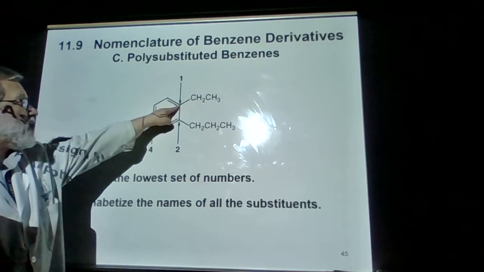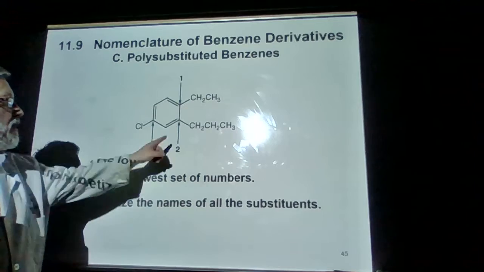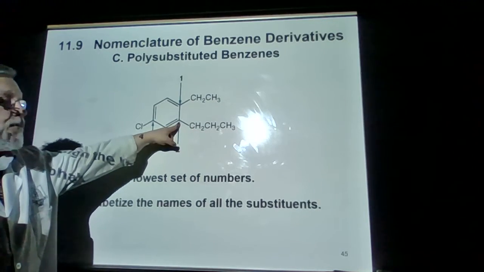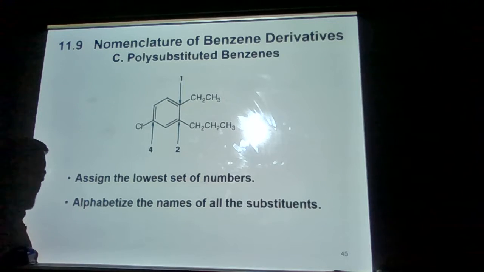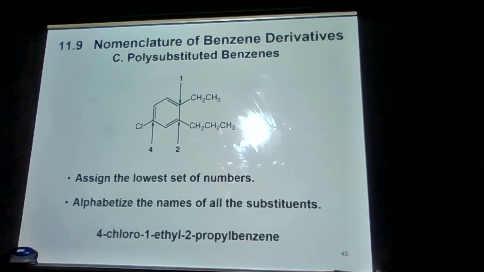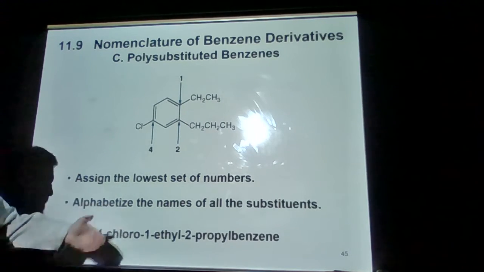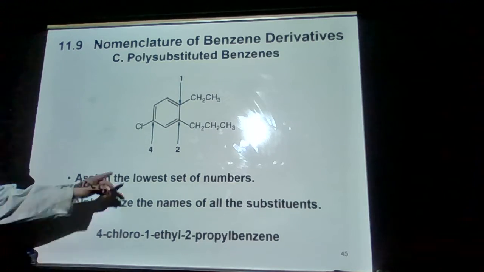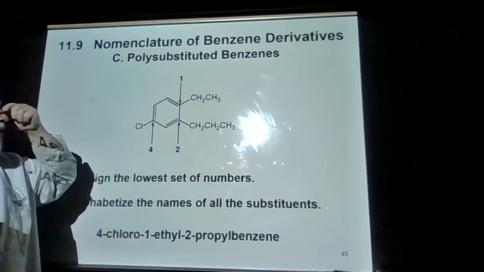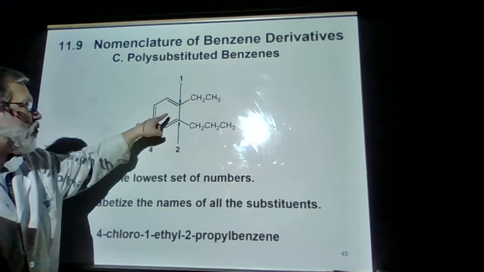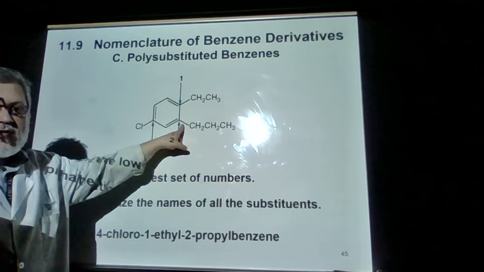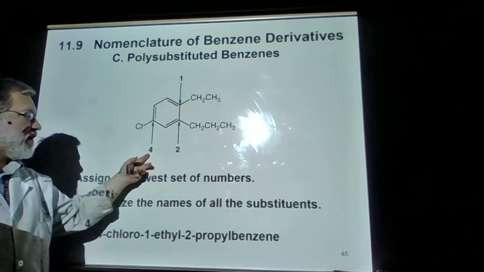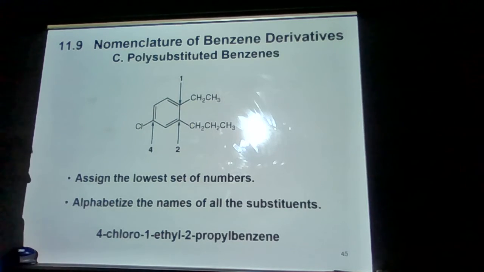So this puts the ethyl group at 1, this 3-carbon propyl group at 2, and the chloro at 4. But we list them alphabetically. Numerically, their position is determined by what position we label as 1 and how we number around that ring such that the numbering sequence is as low as possible.